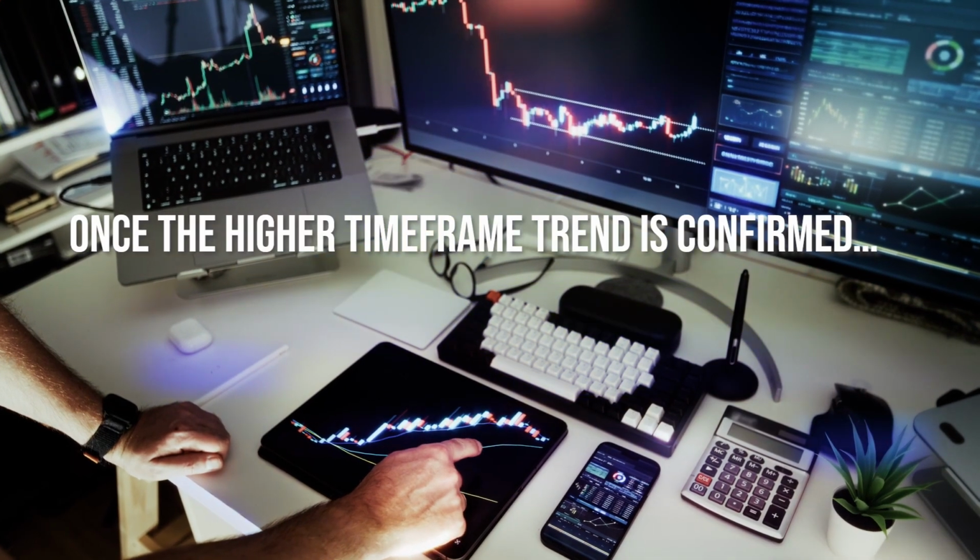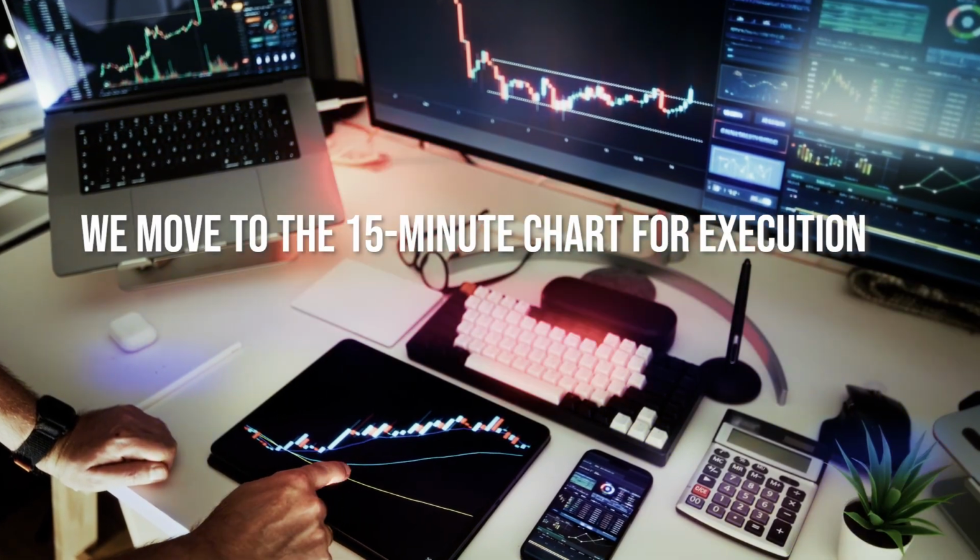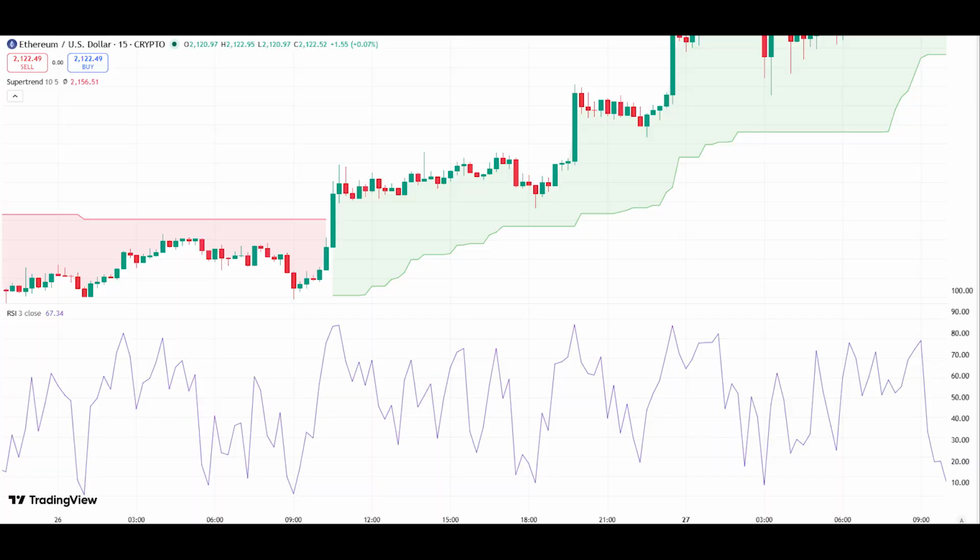Once the higher time frame trend is confirmed, we move to the 15-minute chart for execution. Here, we use Supertrend with settings 10 and 5, along with RSI using length 3. When Supertrend turns green and price moves above it, it signals short-term bullish momentum. But instead of chasing the move immediately, we wait for a temporary pullback.